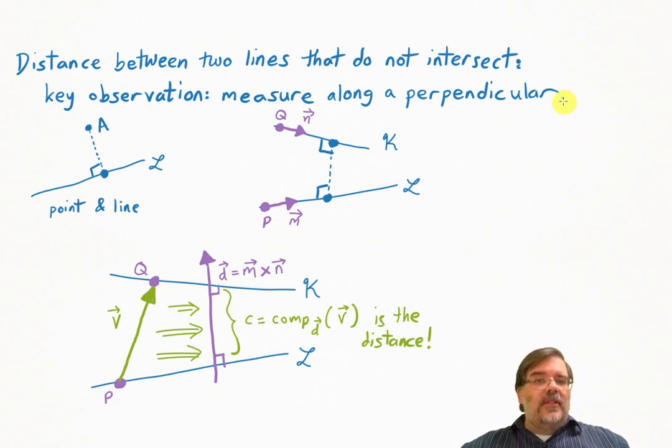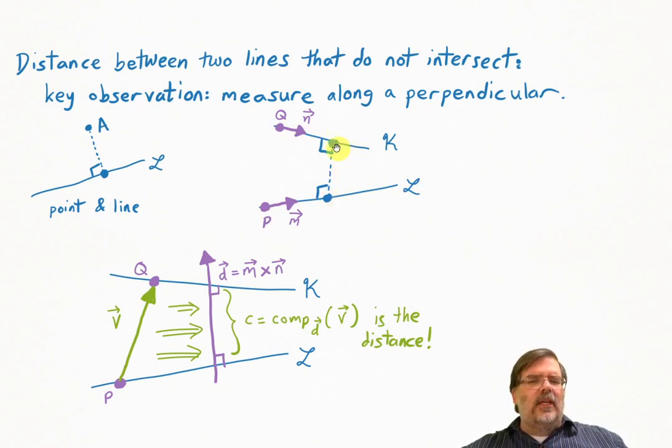When you measure the distance between two things, you're really measuring the shortest distance between those two objects.